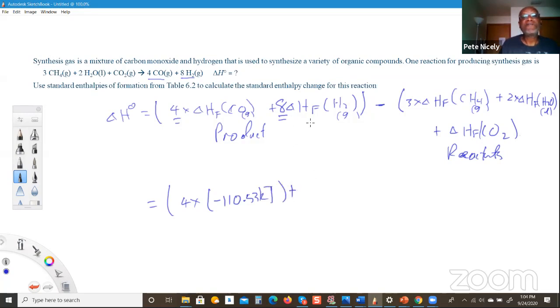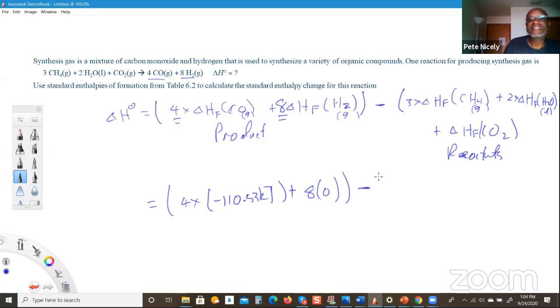Plus the enthalpy of formation of H2. But guess what? H2 is an element that exists as H2 under standard conditions. So therefore, I don't even need to look at the table. I know that it will be 0. So 4 times 0 would go there, right? So that takes care of the product side.